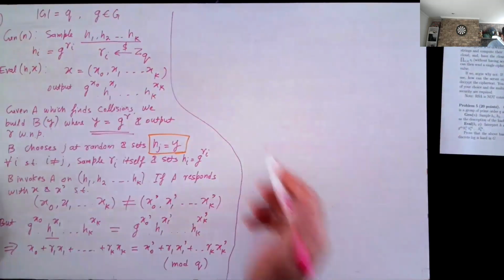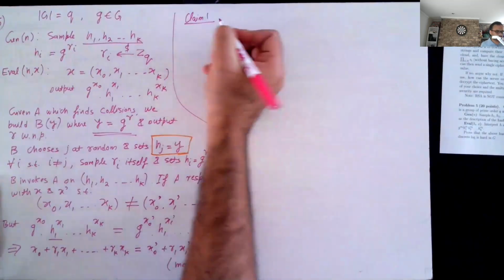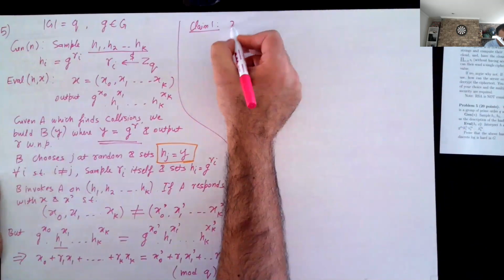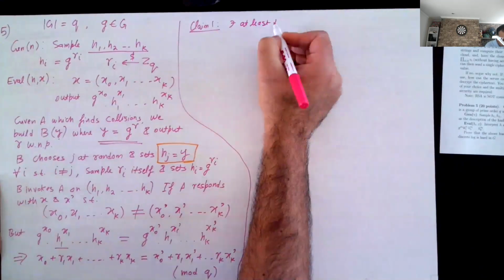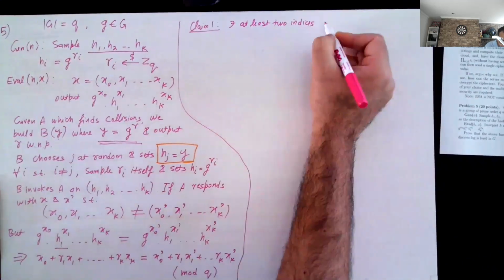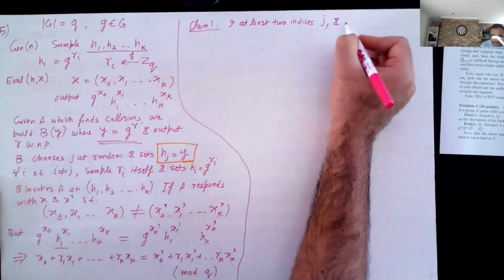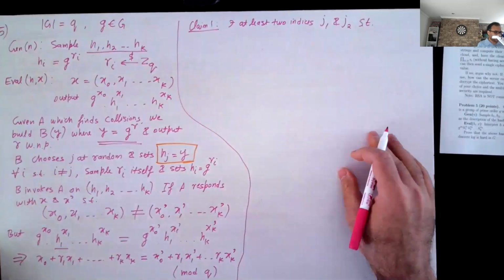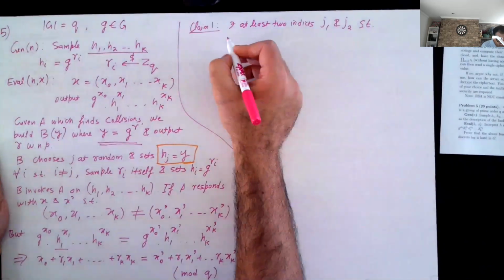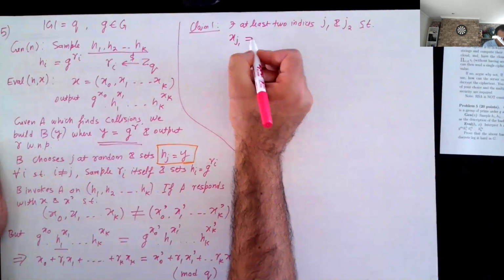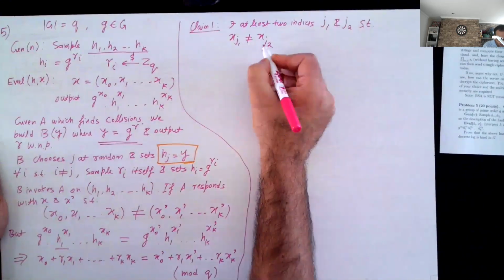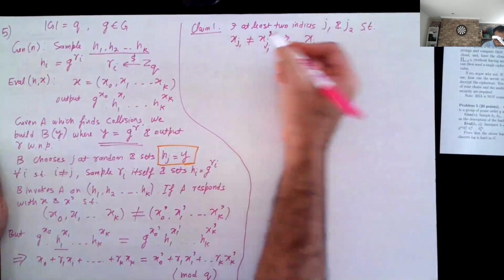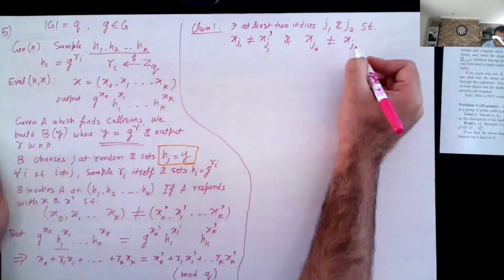And now my claim, let's call it claim 1: there exist at least two indices j, let's call them j1 and j2, such that x j1 is not equal to x j1 prime, and x j2 is not equal to x j2 prime.